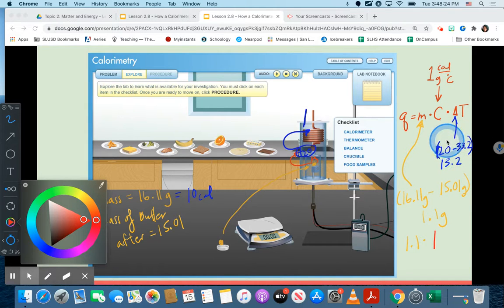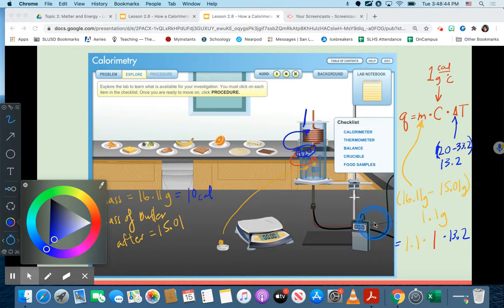So we started out at 20 degrees and then it went up to 33.2 degrees. So the change in temperature times 13.2, right? So if I had 1 gram of butter, I'm going to need to multiply all three of these numbers.